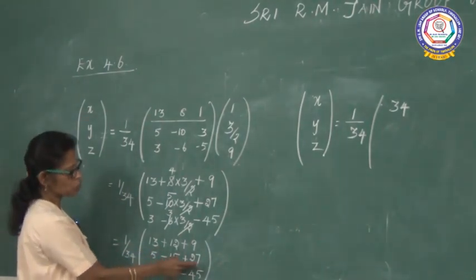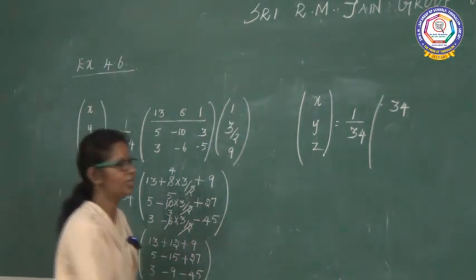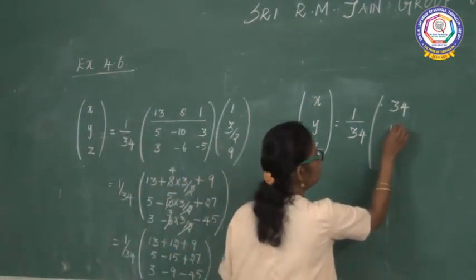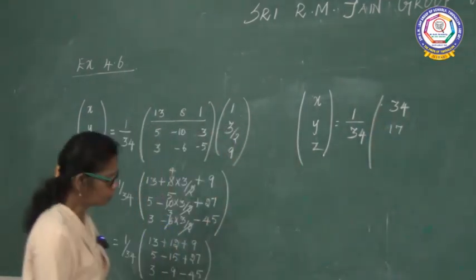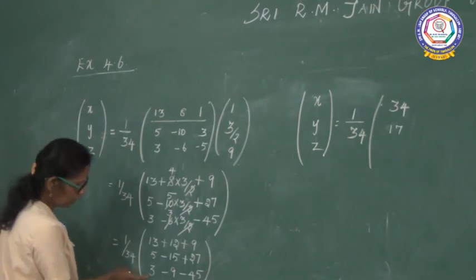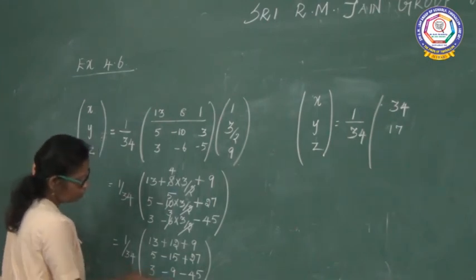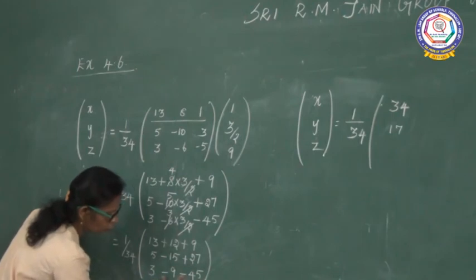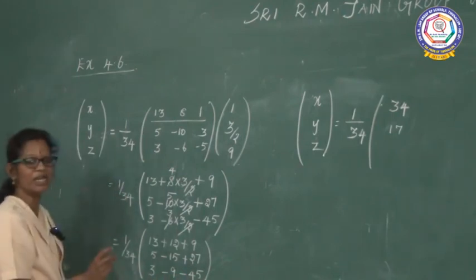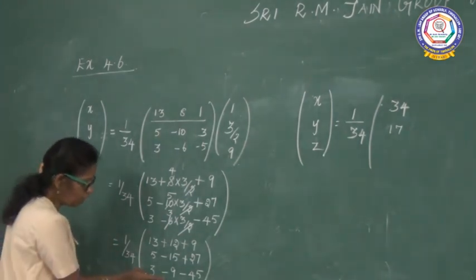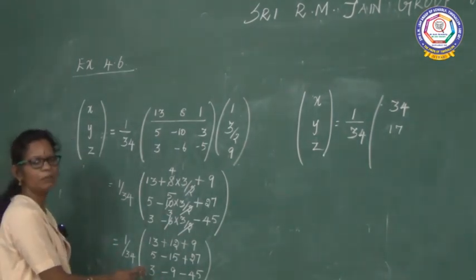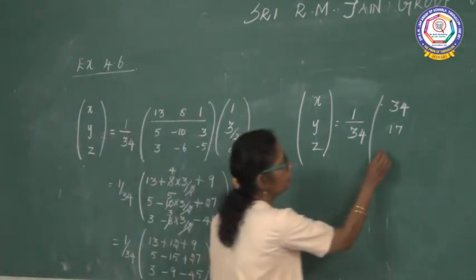Minus 10 plus 27 is 17. Next you see 3 minus 9. Here both are negative, so do that first: minus 45 minus 9 is minus 54. Minus 54 plus 3 is minus 51.